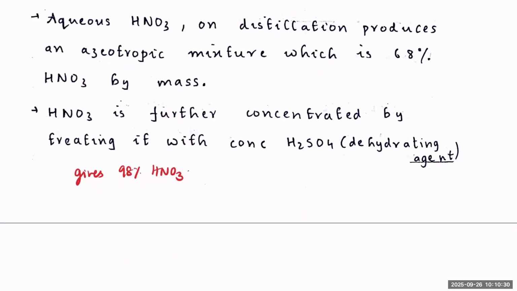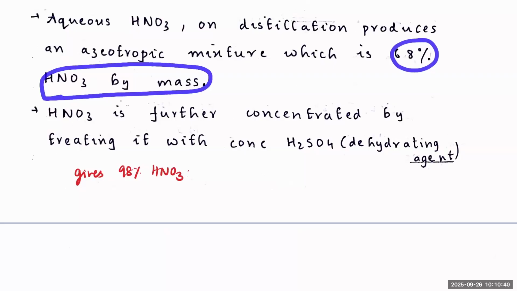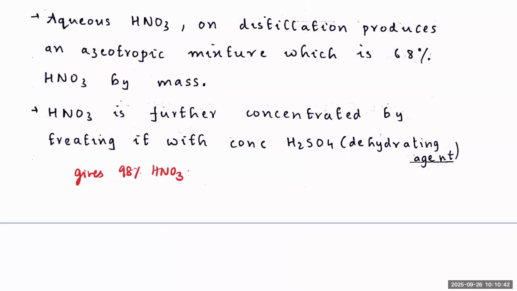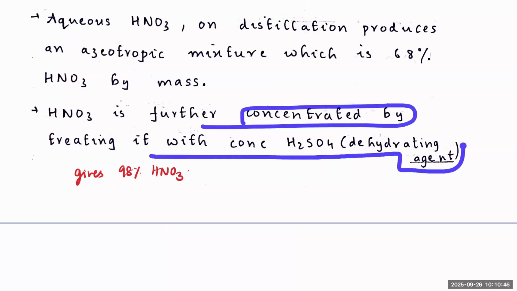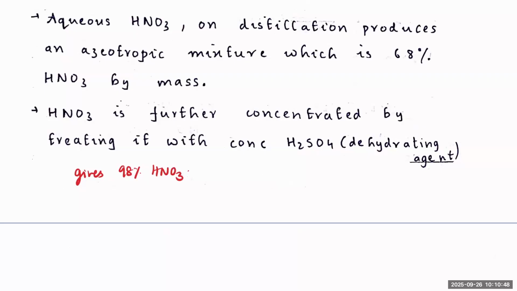Now, when it comes to aqueous HNO3, on distillation it produces an azeotropic mixture, which is around 68% HNO3 by mass. HNO3 is further concentrated by treating it with concentrated H2SO4, which acts as a dehydrating agent.